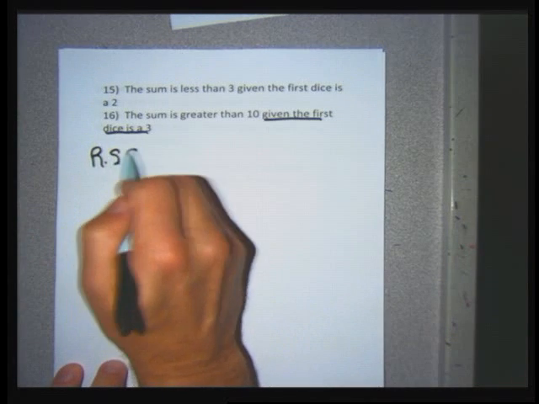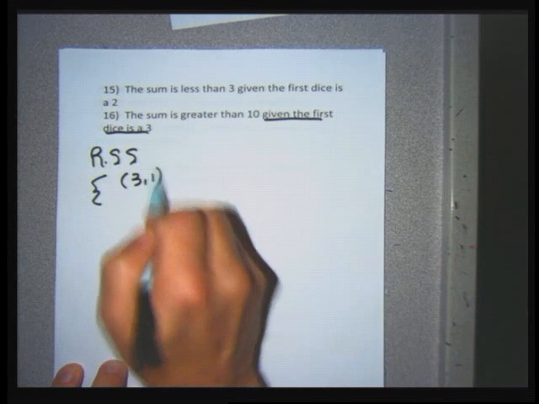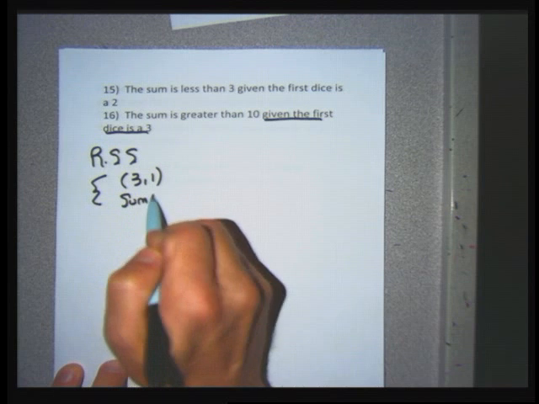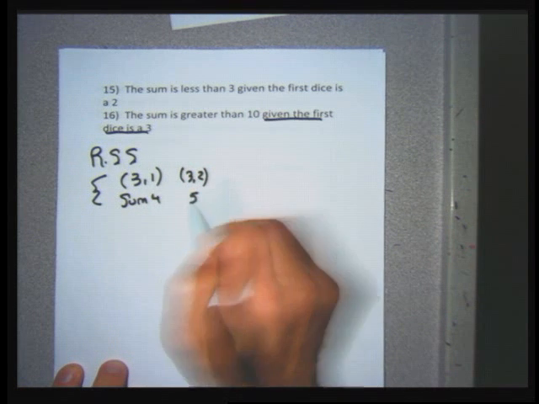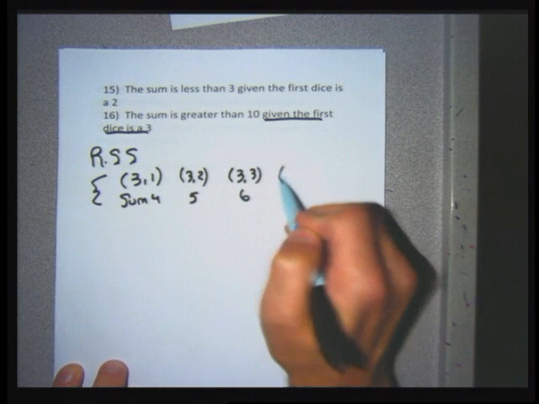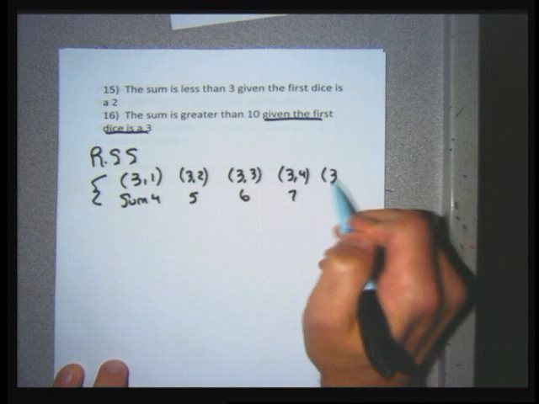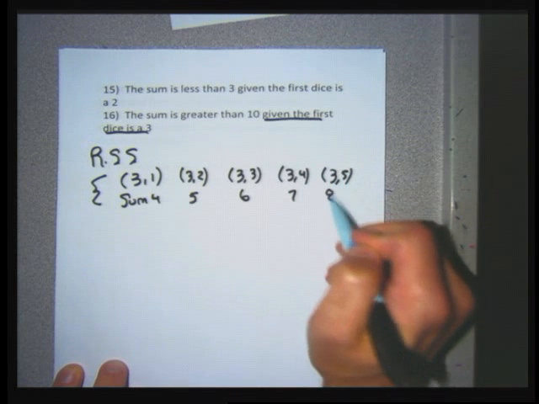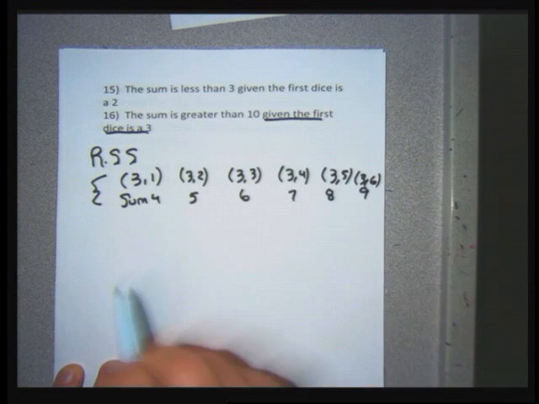Reduced sample space is 3 and 1, sum of 4, 3 and 2, sum of 5, 3 and 3, sum of 6, 3 and 4, sum of 7, 3 and 5, sum of 8, 3 and 6, sum of 9. That's my reduced sample space.